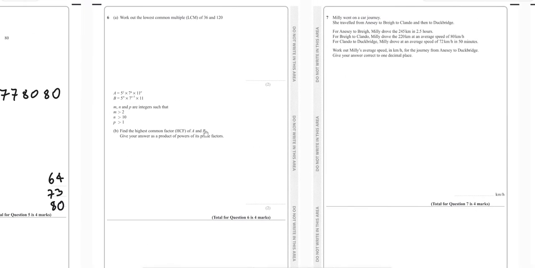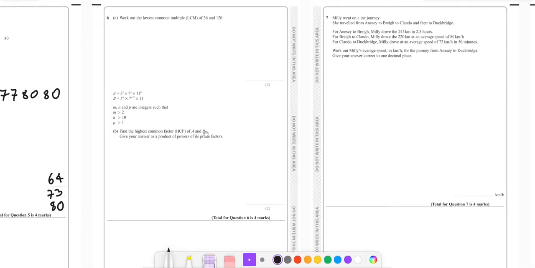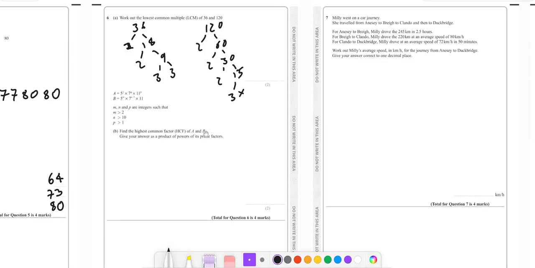Okay, the lowest common multiple of 36 and 120. So for the lowest common multiple, it's easier to work out the factor trees and then do it from there. So let's do 2s first of all: 36 is 2 and 18, 2 and 9, 3 and 3, and 120 is 2 and 60, 2 and 30, 2 and 15, and 3 and 5.